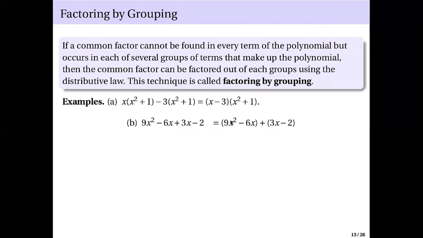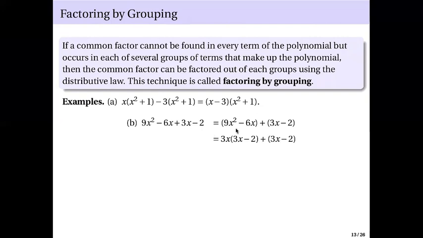If you look at this, there are common factors as a group. 3 is a common factor because 9 is 3 times 3, 6 is 2 times 3. So 3 is a common factor. And of course, x is also a common factor. You have x squared here, you have x here, so you can factor out x.